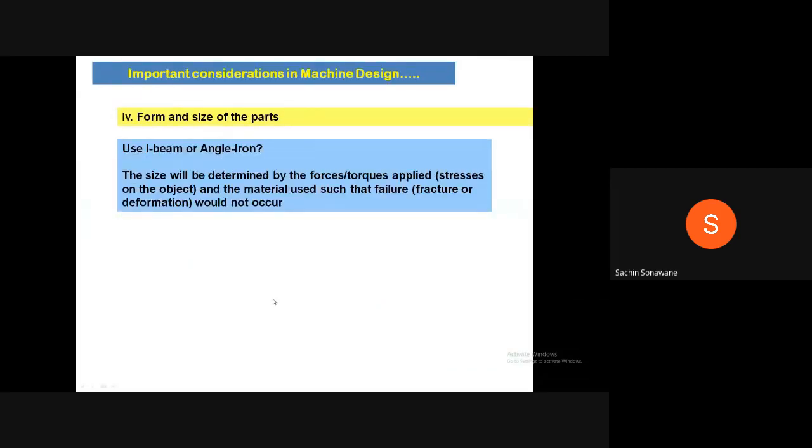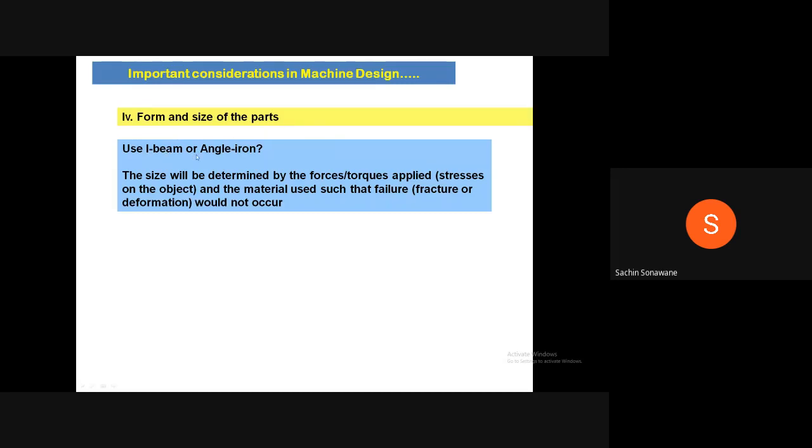Therefore, another important consideration in machine design is form and size of the parts. Form means shape.